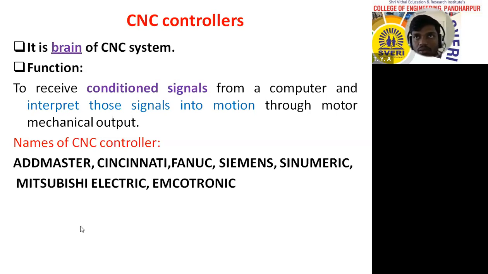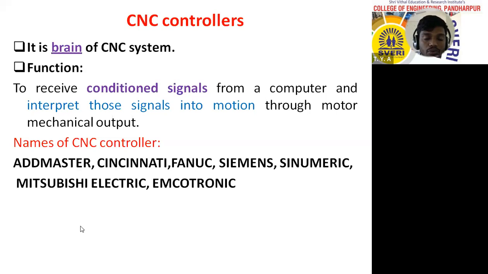About 95-97% of all the codes are the same for all the controllers, but about 2-3% of the naming and coding is different for different controllers. Depending on which controller you use, it is decided which G code or M code is suitable. So that point we will cover in the last chapter, that is, manual part programming. At that time I will explain in detail which code is for which purpose and for which system. Right now you have to remember just these examples of CNC controllers.